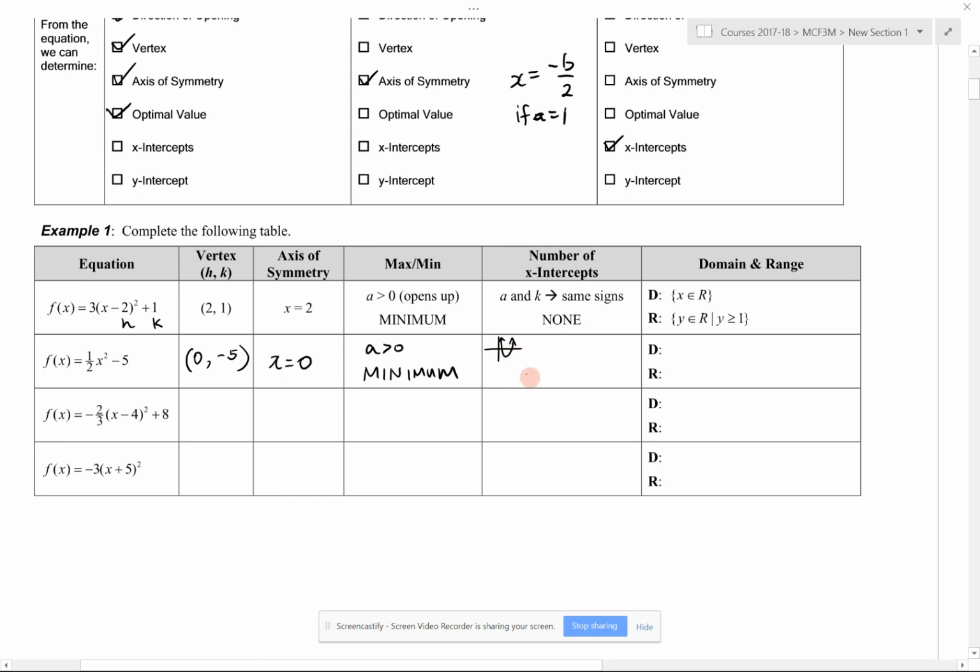So we will have 2 x-intercepts. Okay, and so this is always indicated to us by a and k being opposite signs. And domain and range, again, domain is going to be x as every real number, and the range will be y as every real number, such that y is going to be greater than or equal to negative 5.